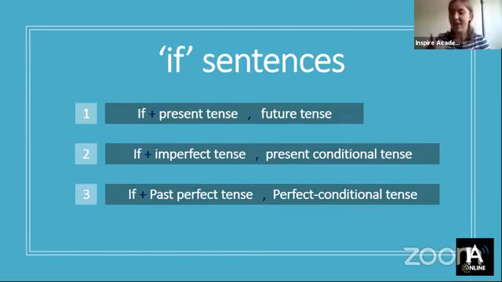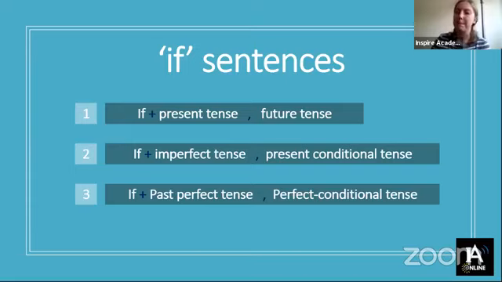Our first type, for possibility, we use the present tense followed by the future tense. If I go, I will see him. Our second type, we are talking about imaginary situations in the present or future.